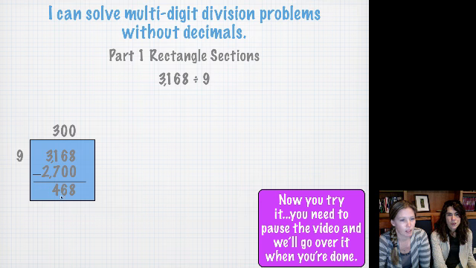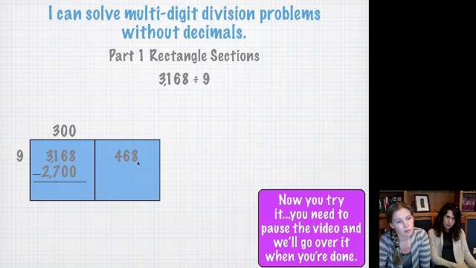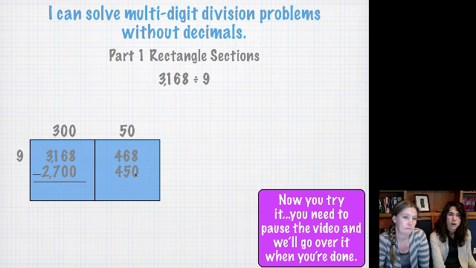So, look here, 468 is the next little box that we're going to look at, and we just moved our subtraction answer up to the next one. So now I'm going to think to myself, okay, well 9 times what will get me close to not 4, but 46. And if I'm looking here, I'm going to see 50 now. 9 times 5 equals 45, and tack on my 0. So I get 450. And once again, I'll subtract that and get 18.